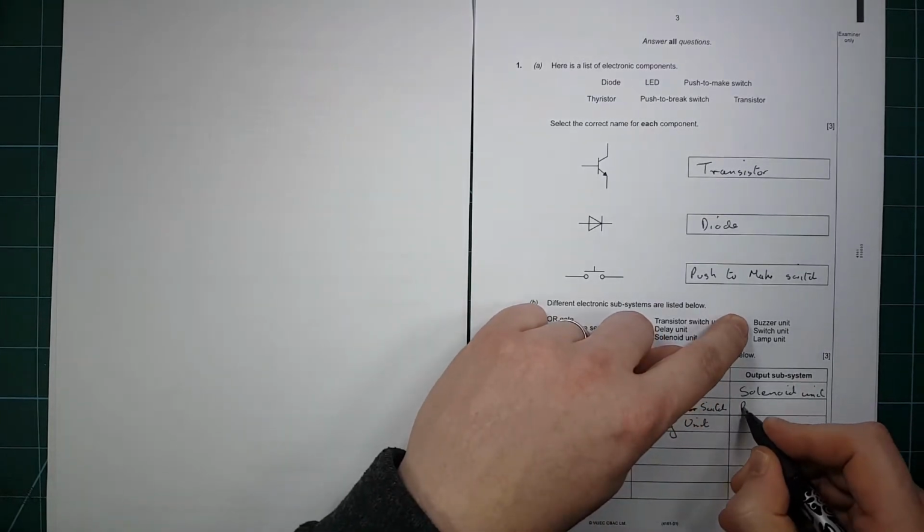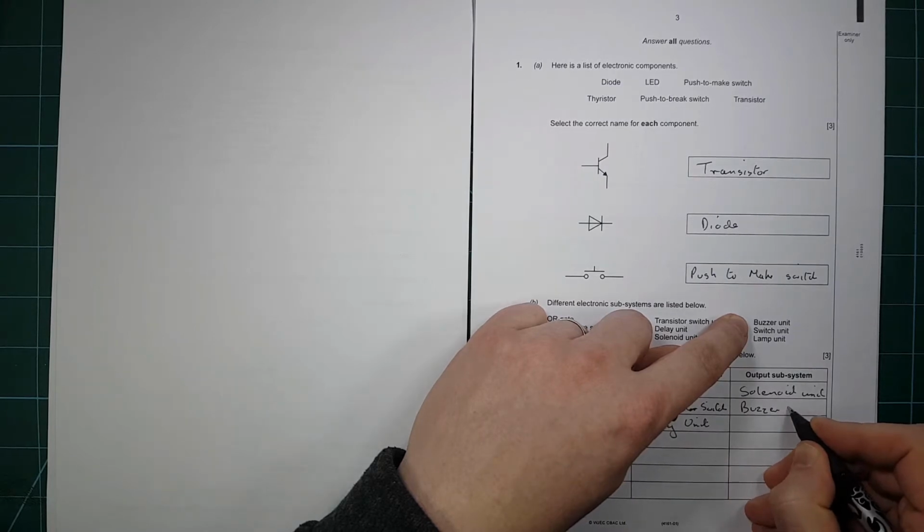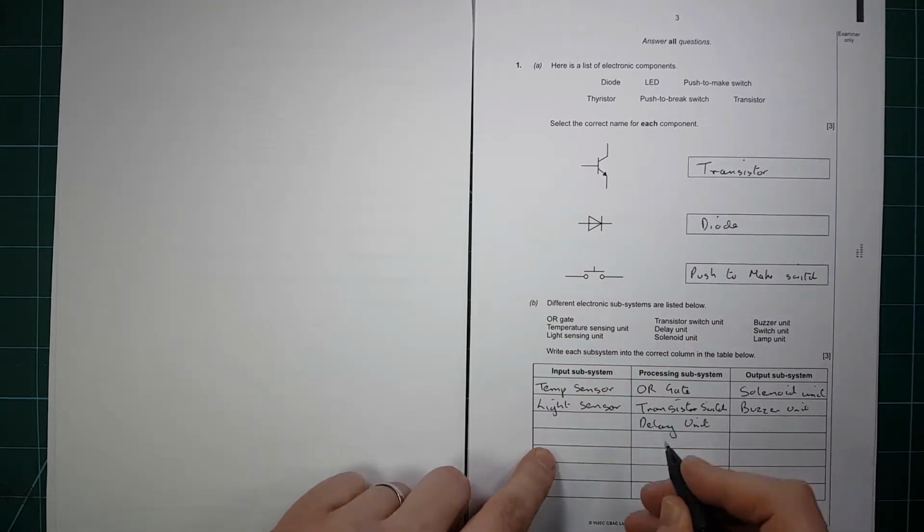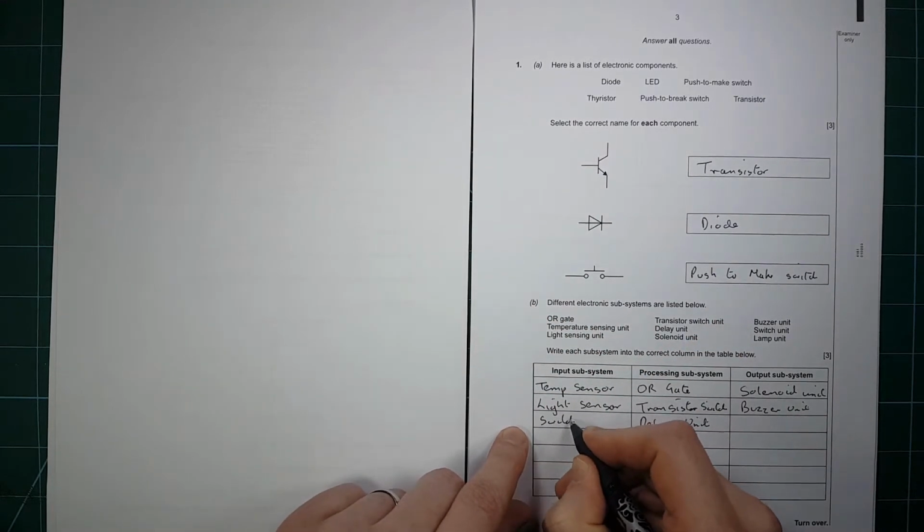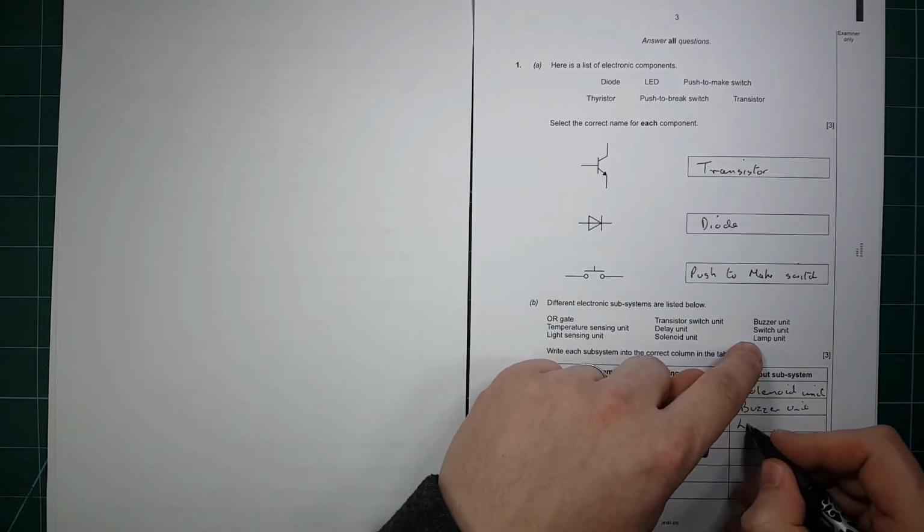A buzzer unit, that's an output. A switch is an input, and a lamp is an output.